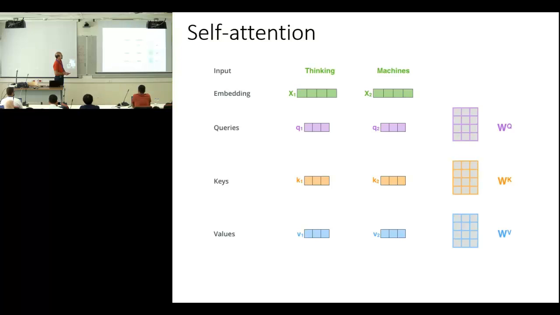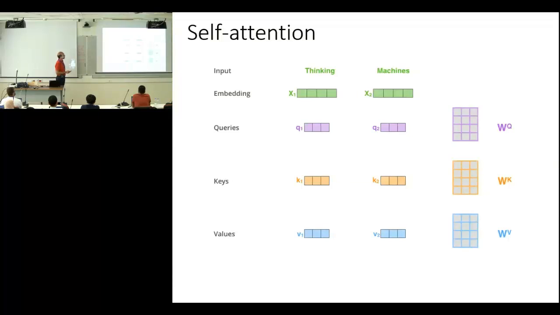We multiply each embedding with a matrix WQ and produce the query. We also produce other vectors which we call keys: we multiply x1 with a matrix WK and produce key 1, and we multiply x2 with it and produce key 2. And we produce also values: we multiply each embedding with the matrix WV and produce the values.